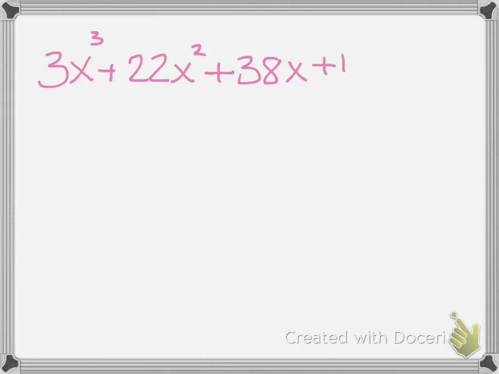So the problem I would like you to try is 3x to the third plus 22x squared plus 38x plus 15 divided by x plus 5. Okay, so I'm not going to screencast this as a solution. I want you to try it, bring it into class, worked out.